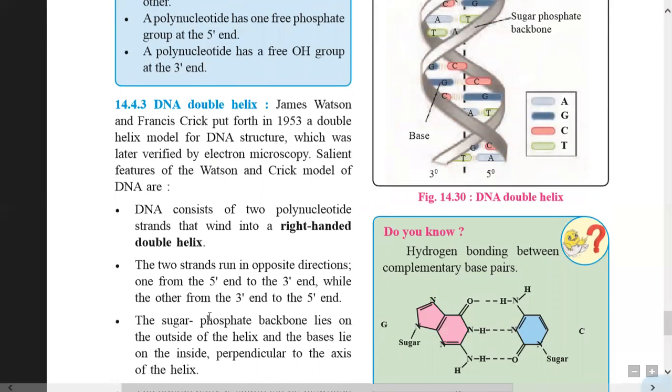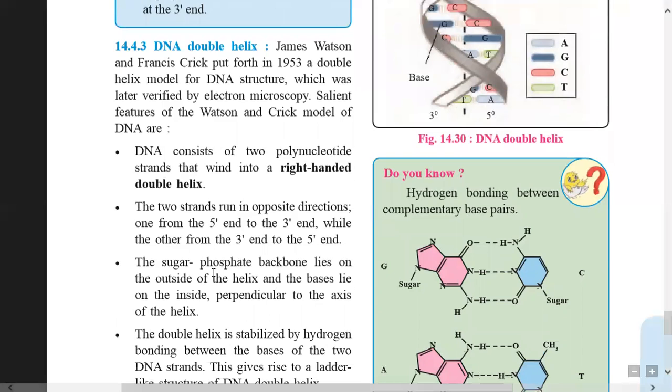The second important salient feature is that the 2 strands run in opposite directions. Just now I explained that for one strand there is a 5 prime position at the top and 3 prime at the bottom, and the opposite for the other strand.